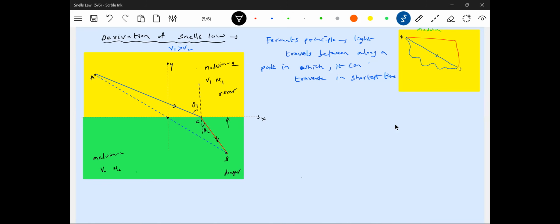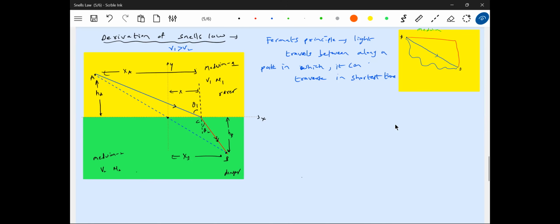This height, let it be HB. Let this be XB. Let this be X. Let this be XA. Let this be HA. Let's have some geometrical considerations.